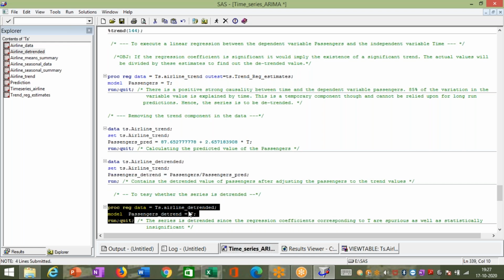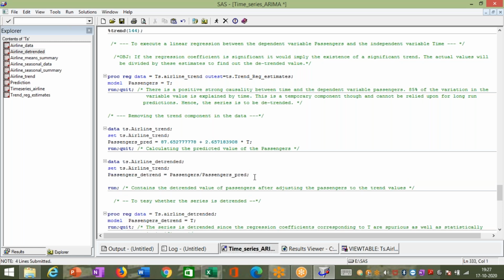So now if I do that exercise after removing this, we can also do another thing, try out both: passengers detrended 2 is equal to passengers actual minus passengers predicted.